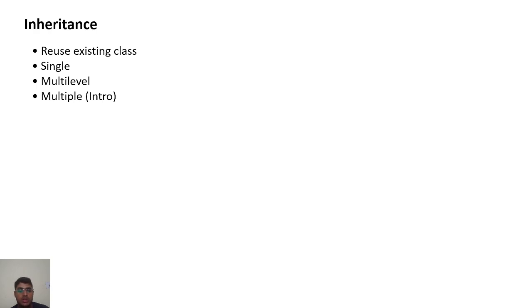Inheritance allows one class to inherit another class's properties and methods. It promotes code reusability. The inherited class is the parent or base class. The inheriting class is the child or derived class. Common types are single, multi-level, and multiple inheritance.